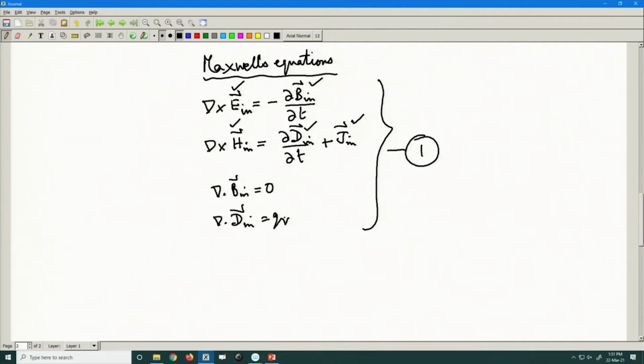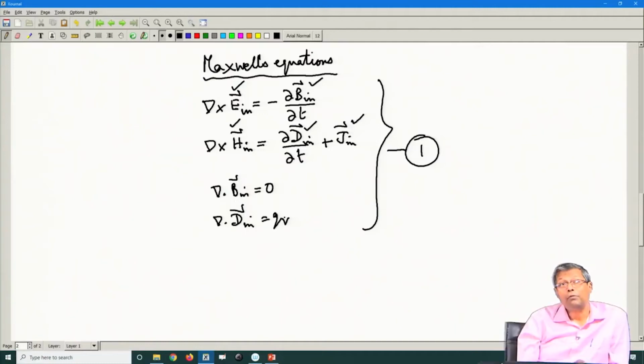So, the first equation out of these 4 sets of equations links up the curl of the electric field with the time rate of change of the magnetic flux density. The second equation links up the curl of the magnetic field to the time rate of change of the electric flux density together with the impressed current. The third equation states that the magnetic flux forms closed loops.